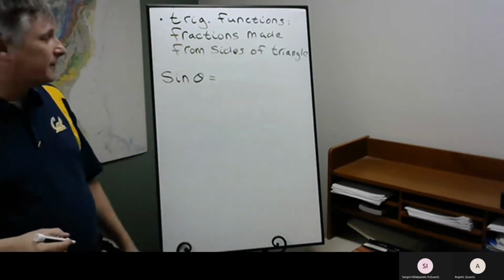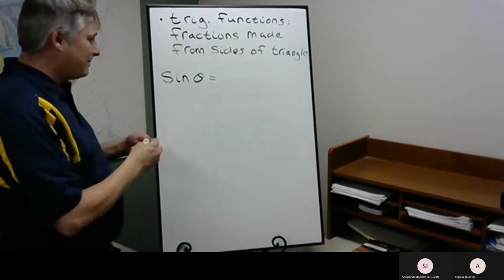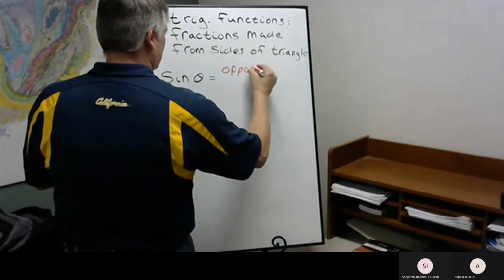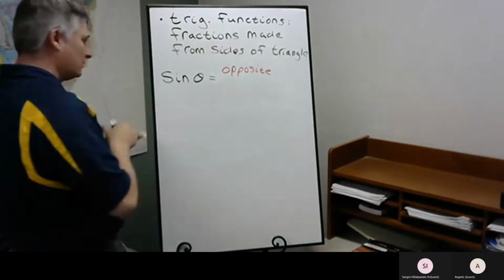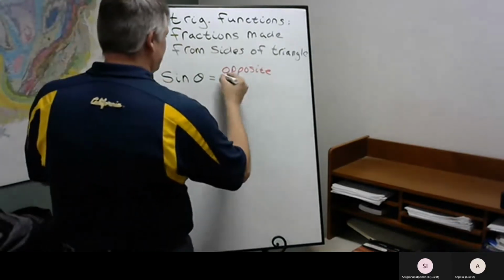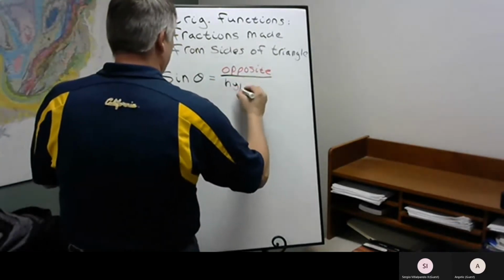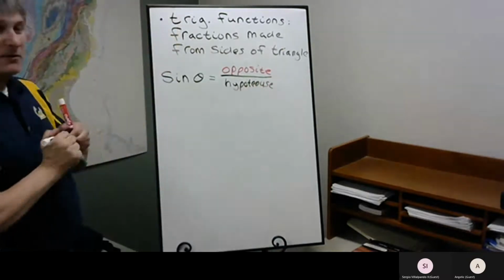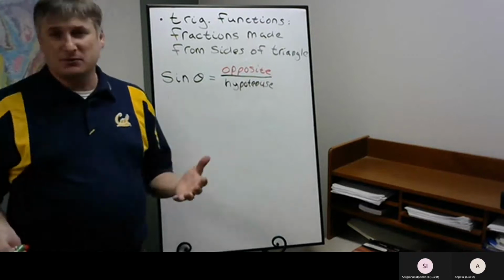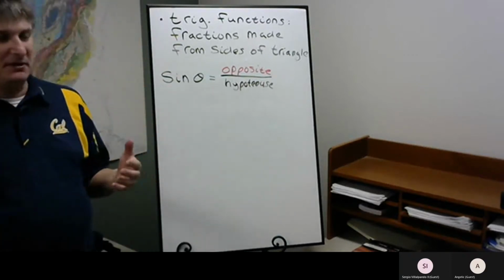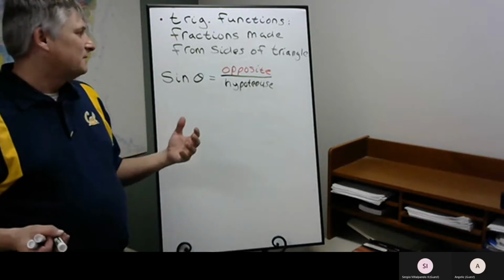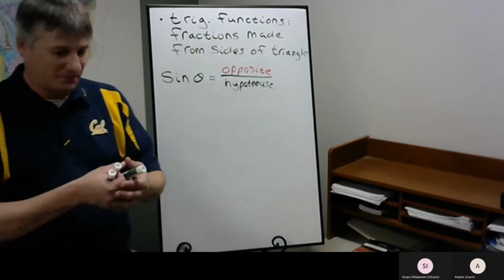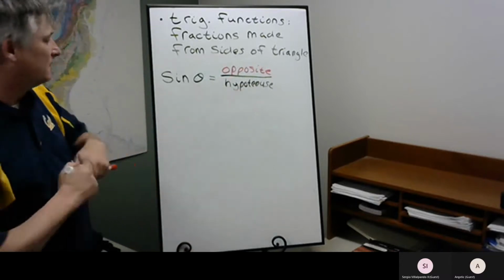The sine of the angle theta is always going to be the opposite over the hypotenuse. So whatever those sides measure, let's say the hypotenuse is 5 and the opposite is 3, then you just take 3 over 5. That would give you the sine of that angle. And we'll do some examples with these.